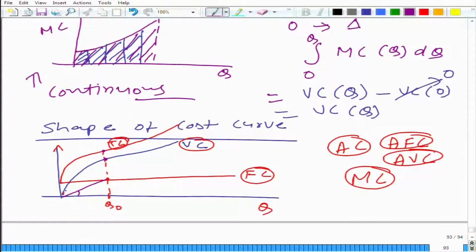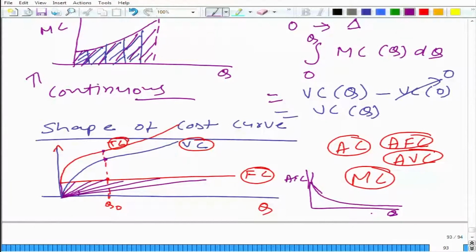Now, when Q naught is almost 0, the slope of this line is almost infinite, it is almost vertical, and it keeps on decreasing. That is why average fixed cost starts from a very high value and comes to 0.